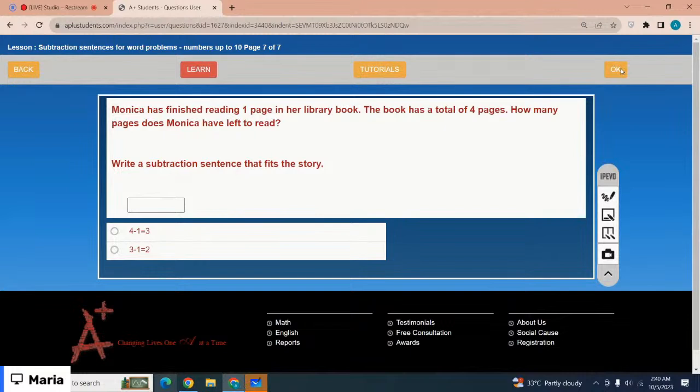Okay, the next one is: Monica has finished reading one page in her library book. The book had a total of 4 pages. How many pages does Monica have left to read? So, which is the correct option?